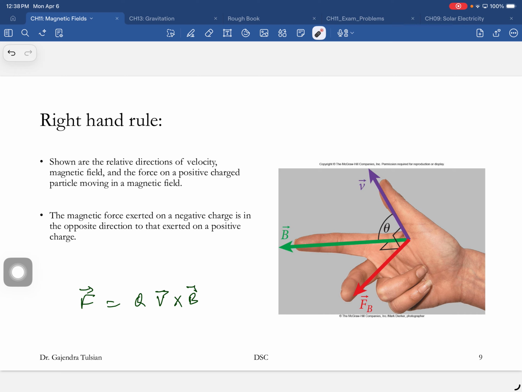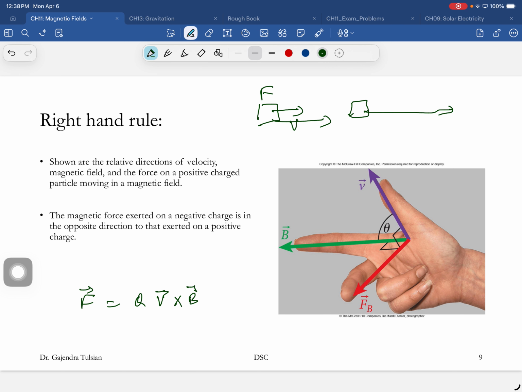Now, let's say you push a car in this direction. What will happen to the speed of the car? Let's say a car is going in this direction and you're pushing it in that direction. What will happen to the speed? The speed is going to increase.